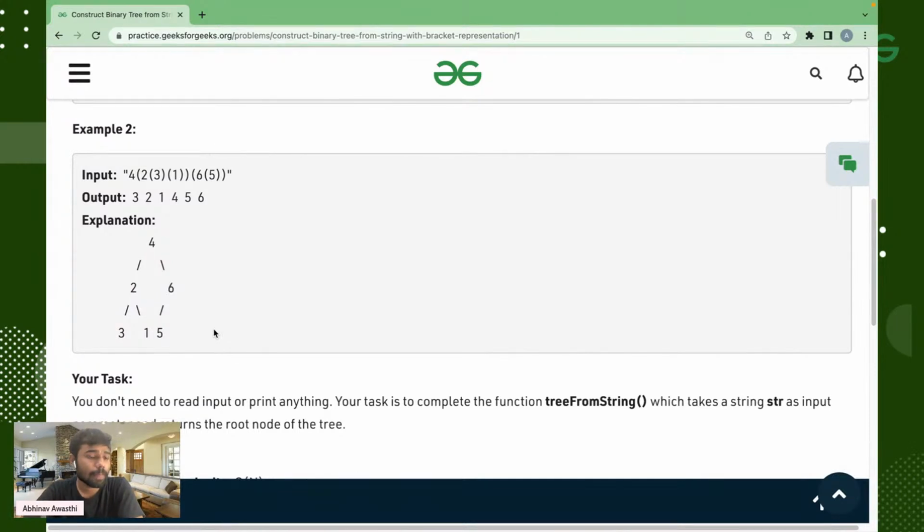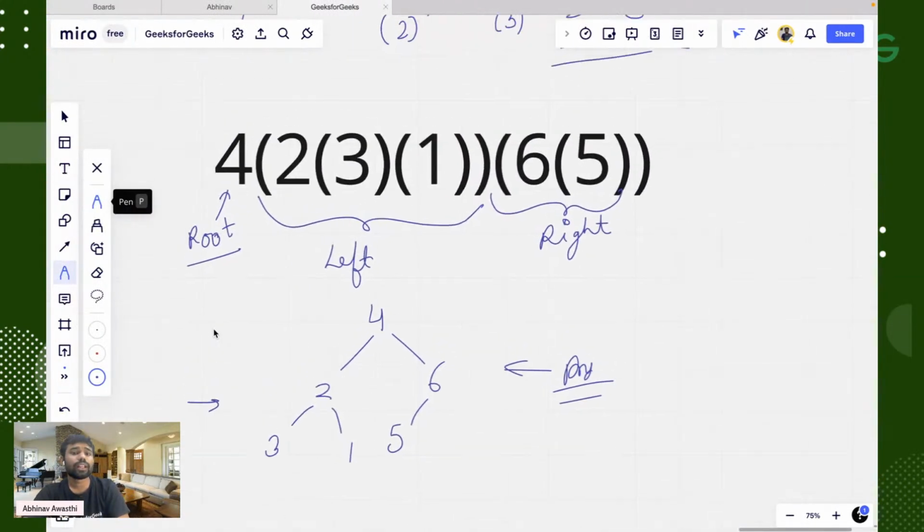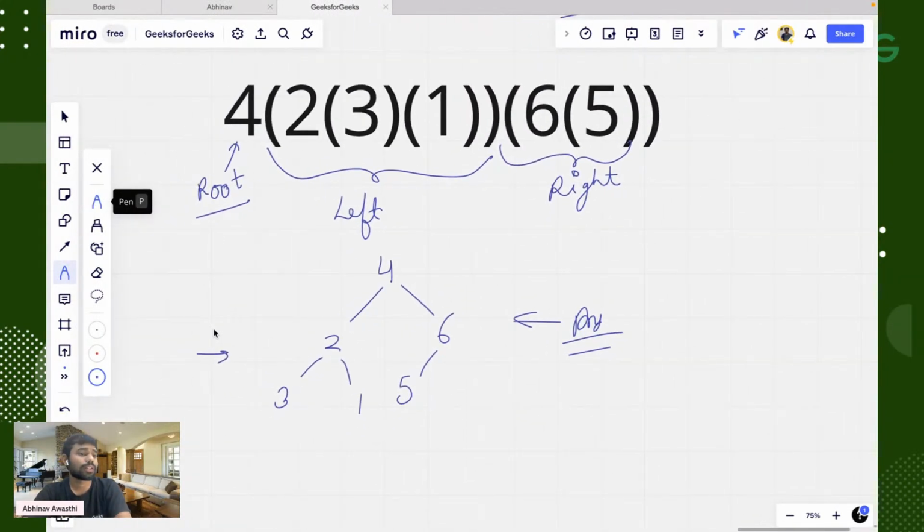Okay. Now let's see with the help of the example given to you how we can solve this particular problem. Because we have to transform the given string into a tree, the most suitable method will be using recursion. Why recursion? You will say, sir, why are we using recursion here?